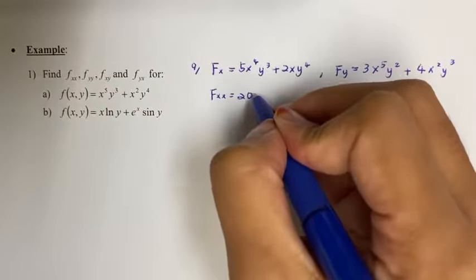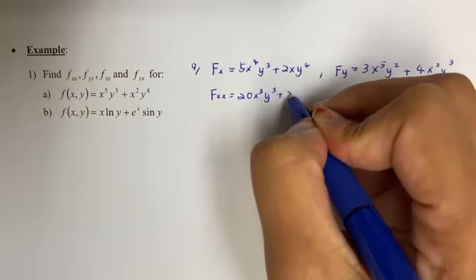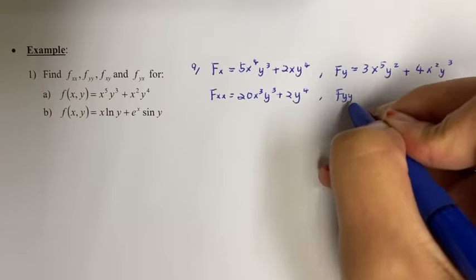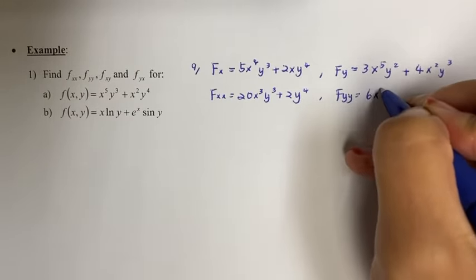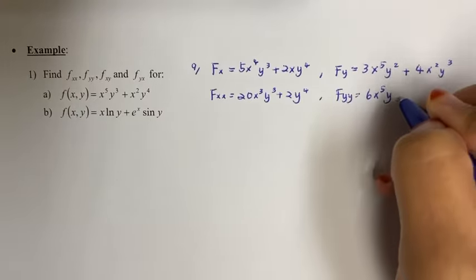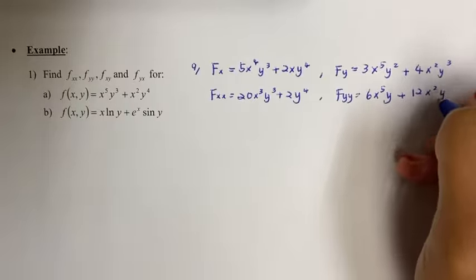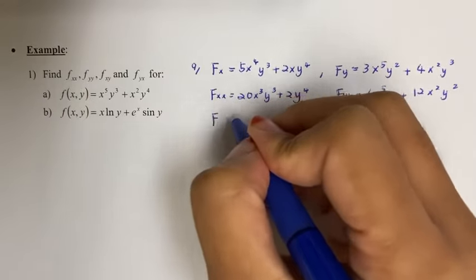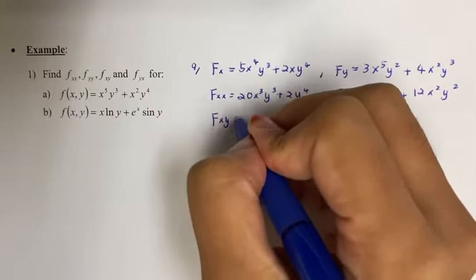We have 20x cubed y cubed plus 2y to the power of 4. Then f_yy, we have 6x to the power of 5 y plus 12x squared y squared.